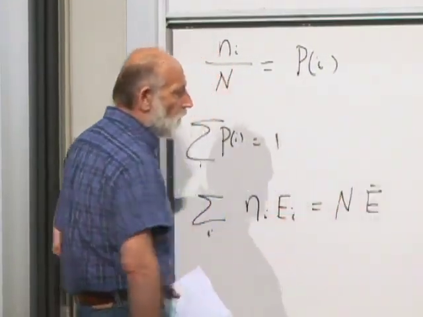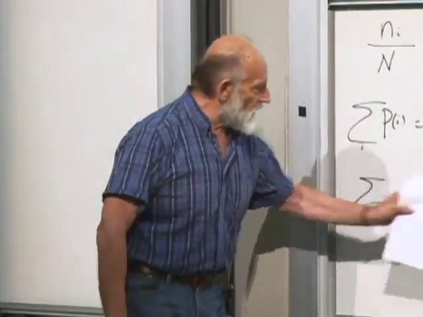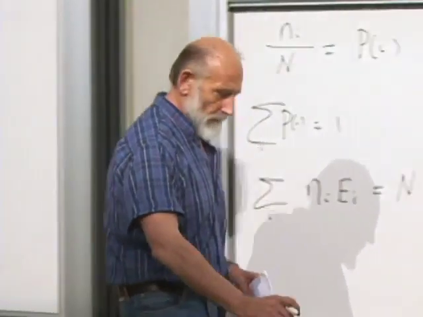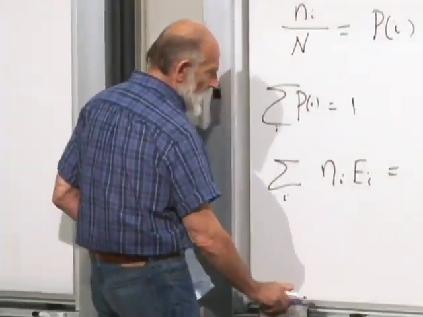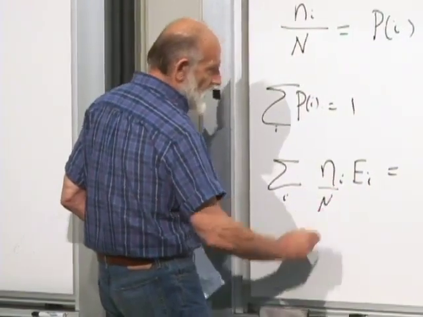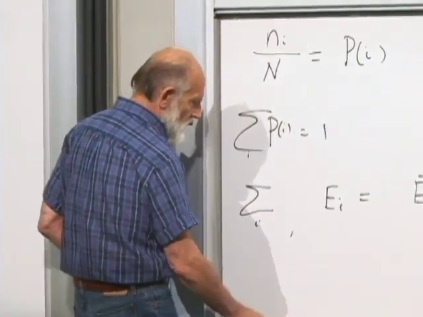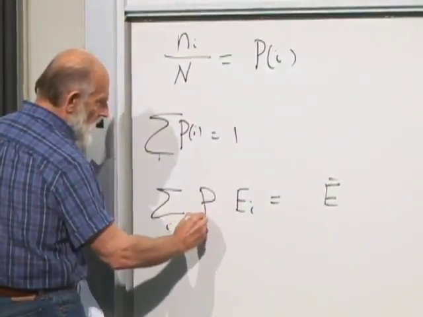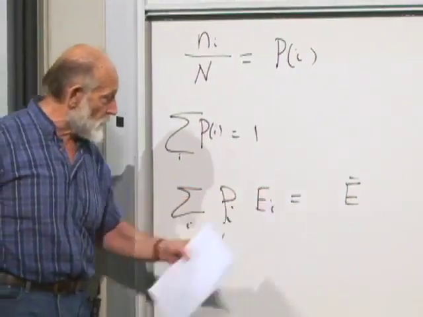I'll continue to use the over-bar notation for a little while until I get tired of it. Now divide this by capital N. This becomes n sub I over n, and that's p sub I. The average, in fact, this is a much more general formula than just for the average energy.